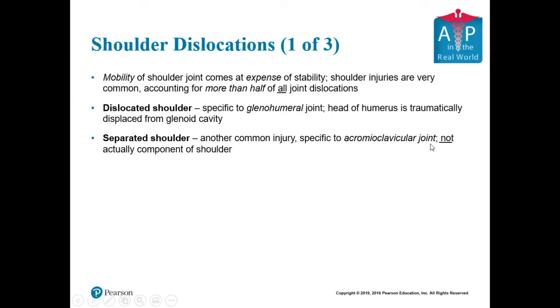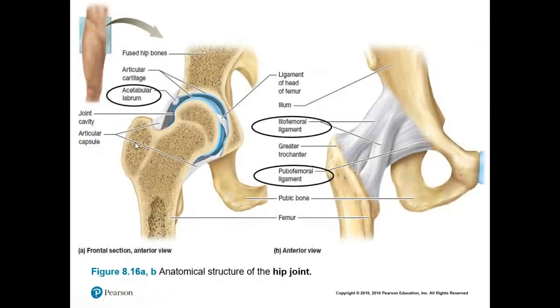Not the actual shoulder. Keep in mind that the clavicle is an indirect part of the shoulder, right? The shoulder deals more with the scapula and the humerus, if you will, in terms of movement. So separating these two, the clavicle and the scapula, that's more of a separation of the shoulder.